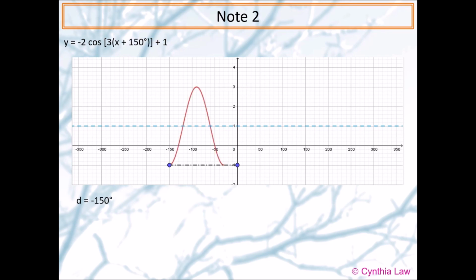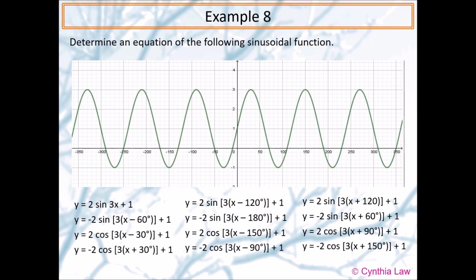And then the last example, if I take the negative of the cosine function and shift it one cycle to the left, now my starting point is at negative 150 degrees. So, depending on how you want to look at one cycle of the curve, the equation that you end up with can vary.